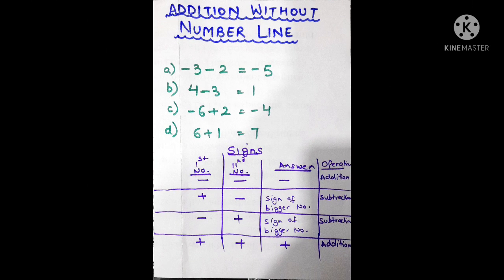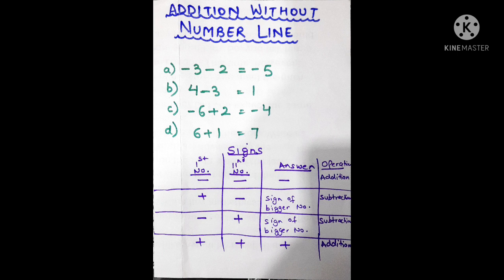But there is another option also. If we want to do addition without the number line, we can do that also. Like the first example, you can see it's minus 3 minus 2. So we get minus 5.